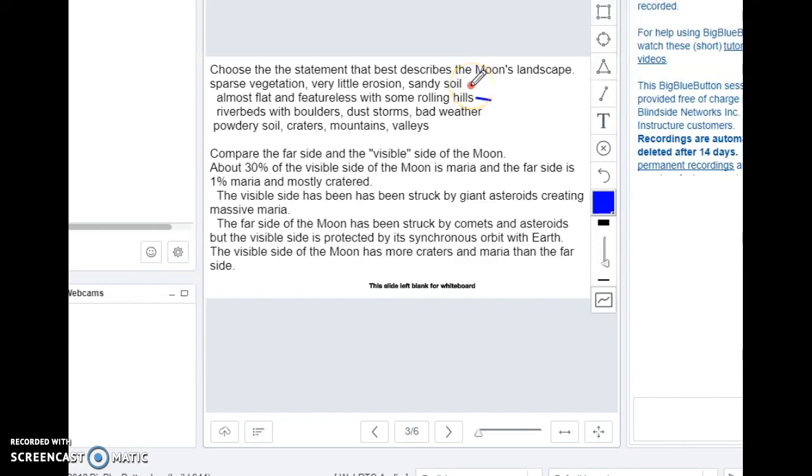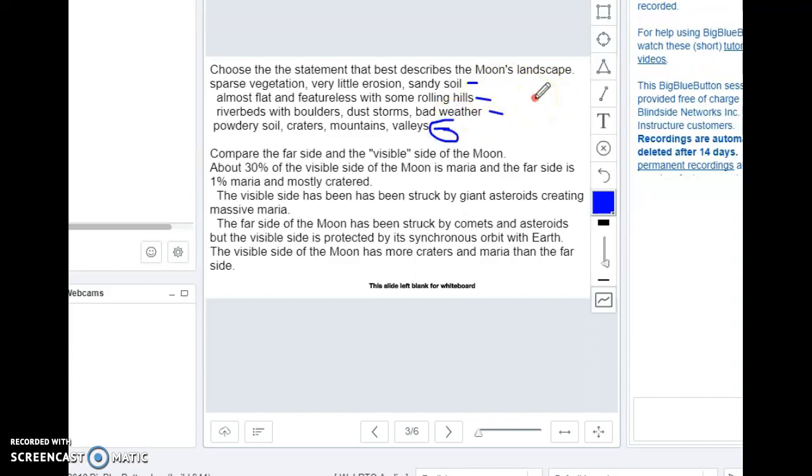Sparse vegetation, very little erosion, and sandy soil. Then you have almost flat and featureless with some rolling hills. Then you have riverbeds with boulders, dust storms, and bad weather. And then you have powdery soil, craters, mountains, and valleys. So which one best describes the moon's landscape? All right, and the correct answer is this last one here. Powdery soil, craters, mountains, and valleys.